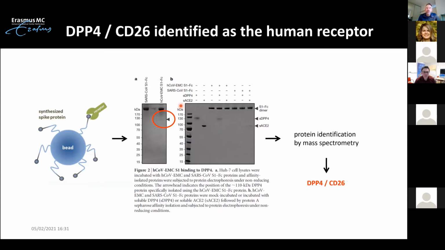And this turned out to be a cell surface aminopeptidase, dipeptidyl peptidase 4, DPP4, also known as CD26.